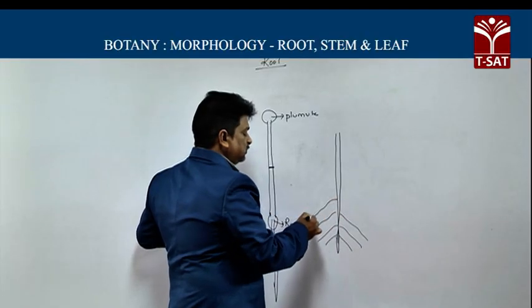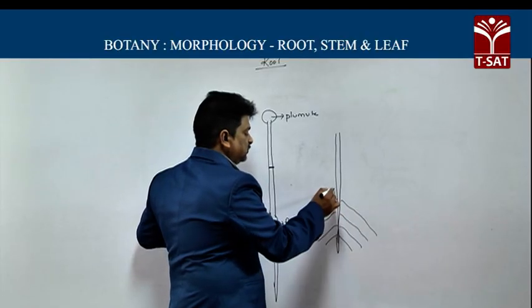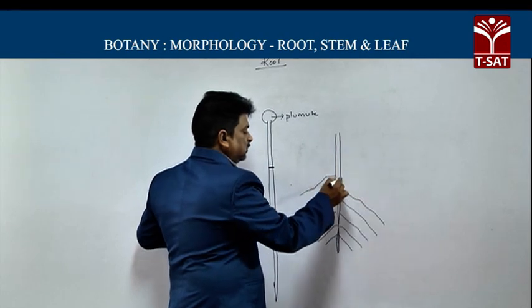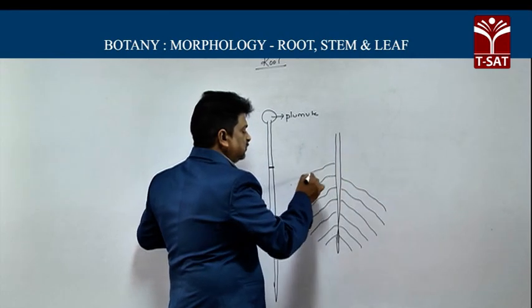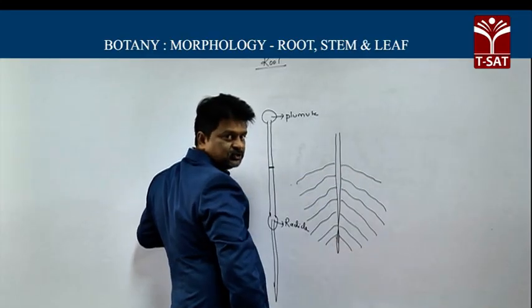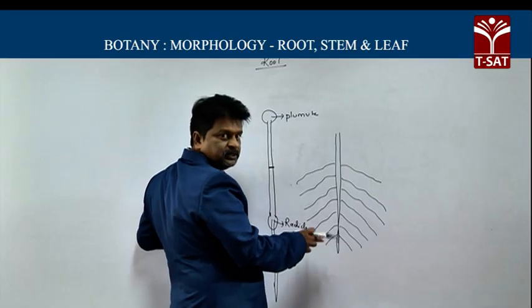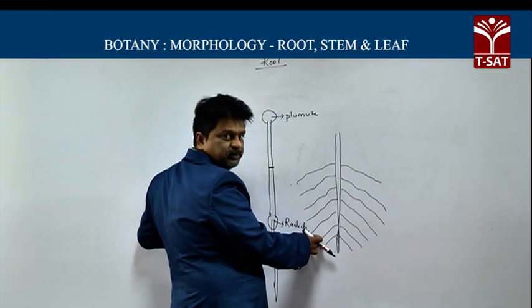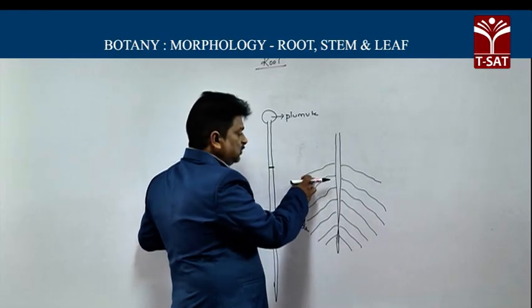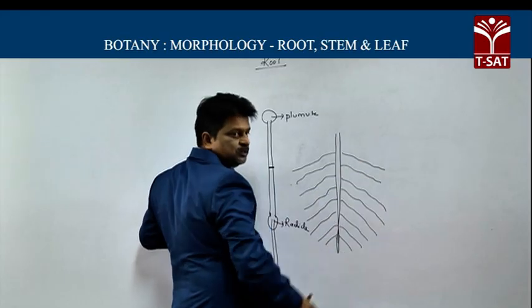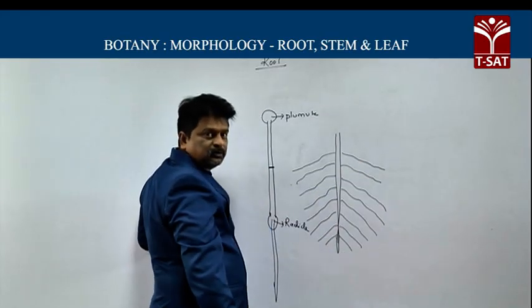The arrangement of lateral roots is acropetal in succession. Acropetal in succession means younger roots are formed at the apex and older roots are formed at the base. Such an arrangement is called acropetal succession.